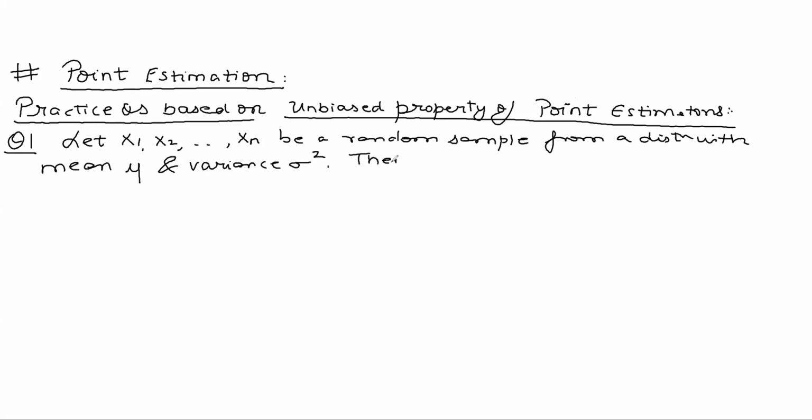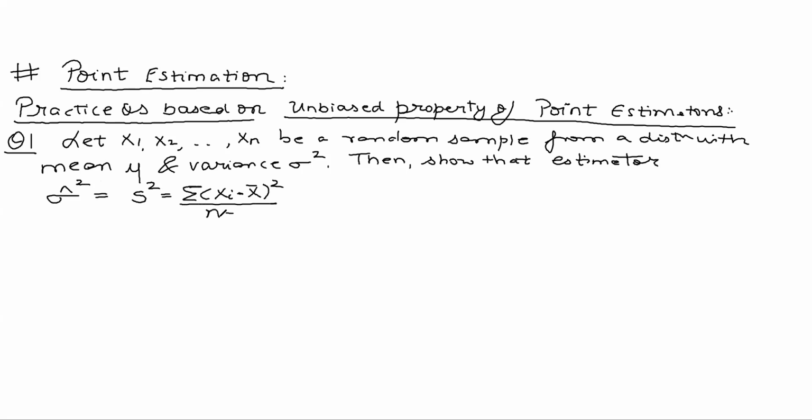Then show that the estimator sigma hat square, which is also called the sample variance S square, summation xi minus x bar square upon n minus 1, is an unbiased estimator of the population variance sigma square.